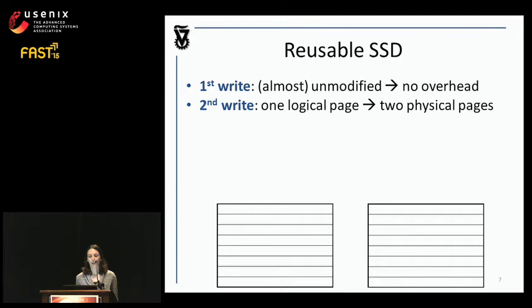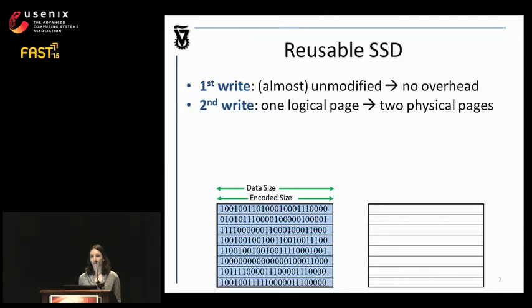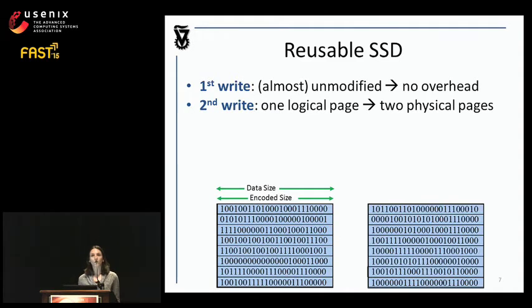Okay, so how is the parallelizing done? First writes are done unmodified. The user writes the logical data, and that's written as is on the flash. So we have the physical pages on the physical blocks until the blocks are full. Once we have a couple of full blocks, whose data has been invalidated, we can recycle them and use them for second writes.